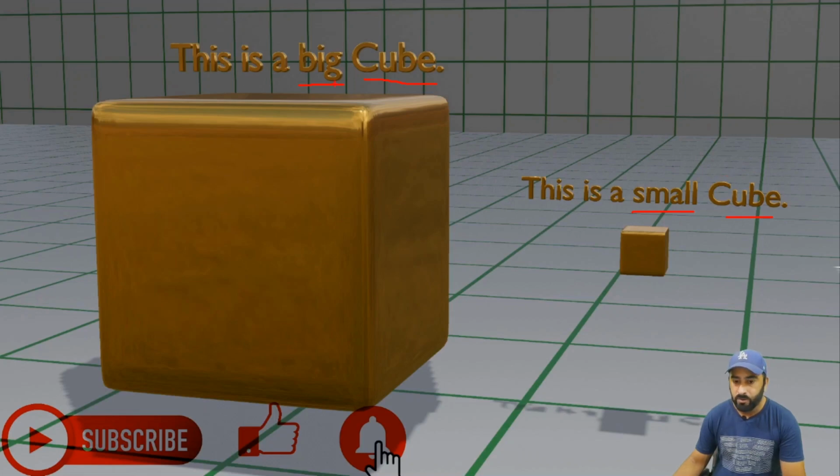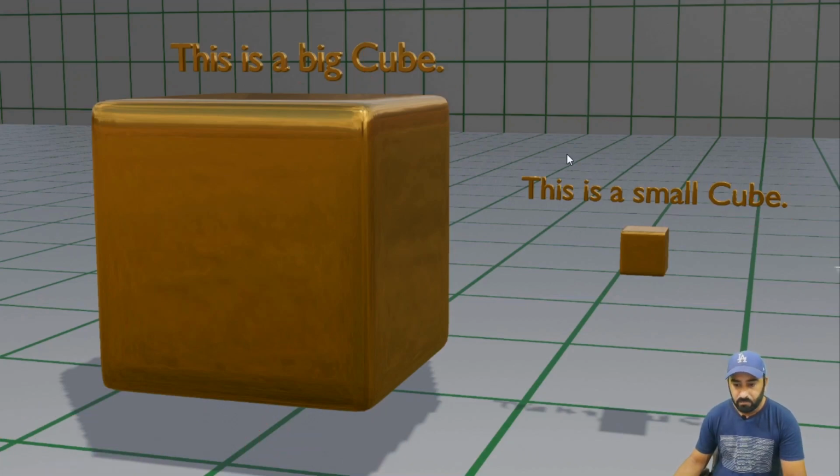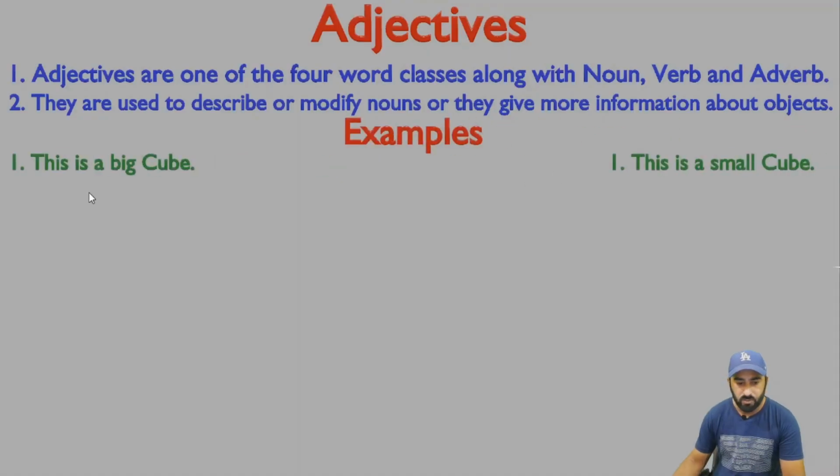Adjectives are used to modify or qualify or give extra information about nouns. So look at the circle there. Adjective plus noun. This is a simple formula. Okay, so let's get back to our theoretical examples. These are the same two examples.